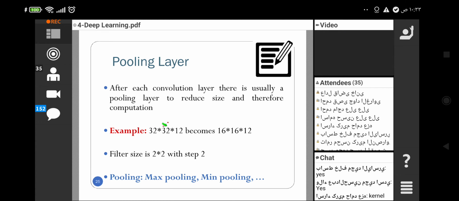I said that in the convolution layer we have some neurons. Each of the neurons is a kernel.